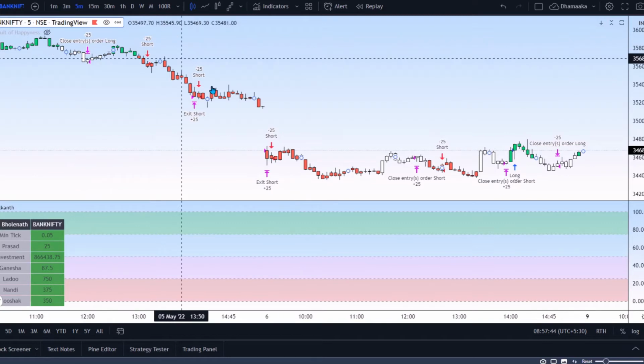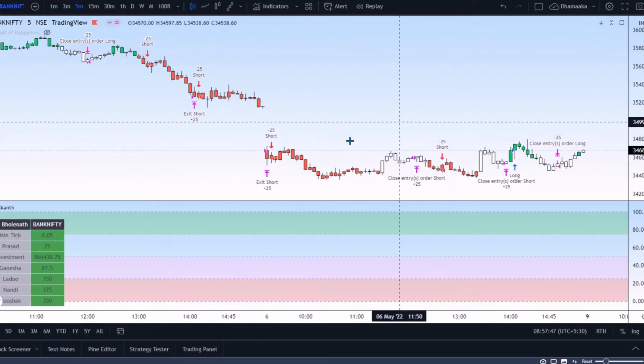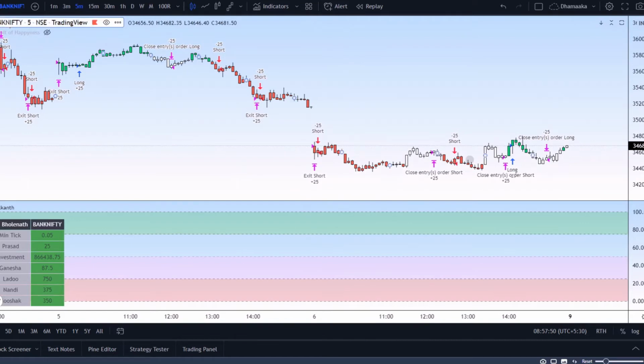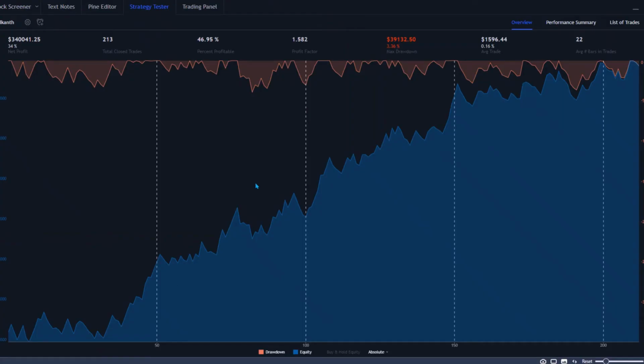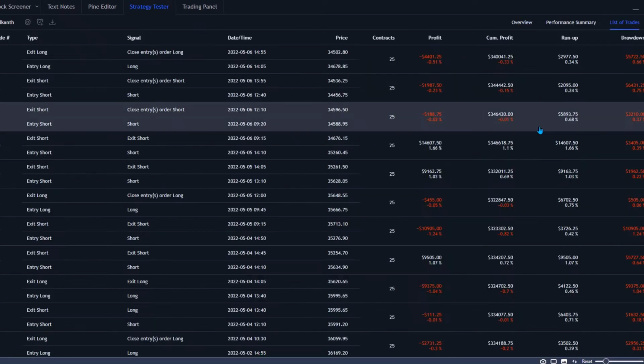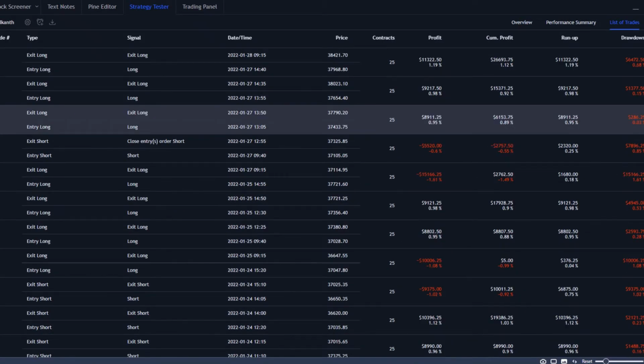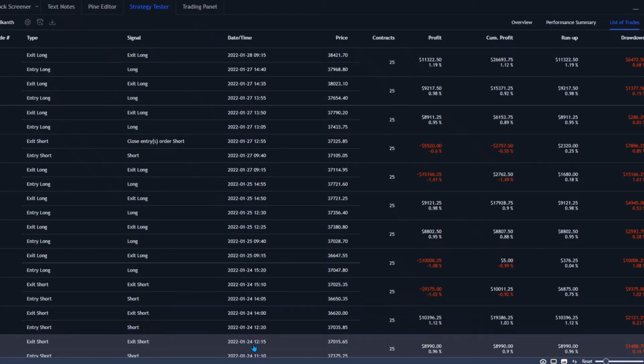Now how do we understand the profitability of this whole system? We go to the strategy tester. The good part is the TradingView software does all the back testing automatically based upon the historical data. For example, in this case we have 213 trades generated. If you go to the list of trades and scroll down, the first trade was generated on the 24th of January.